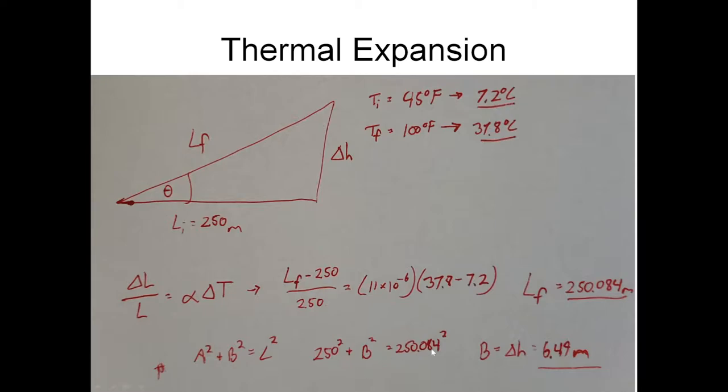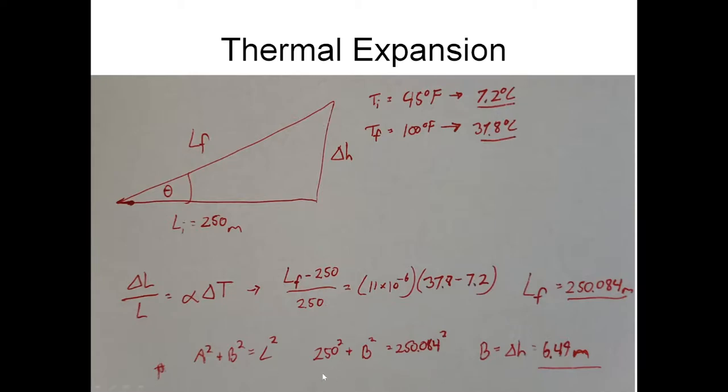To find this answer, I'm going to recommend squaring the right side, then subtracting 250 squared over to the right side. Make sure to do the squares before the subtraction. That's important. PEMDAS, order of operations, exponent always happens before subtraction.